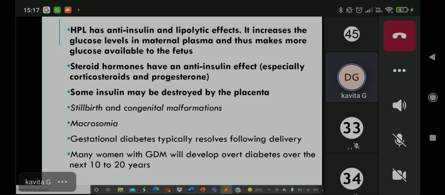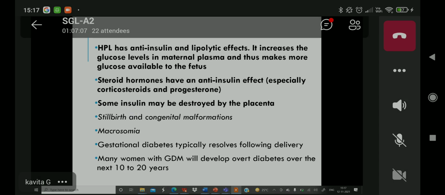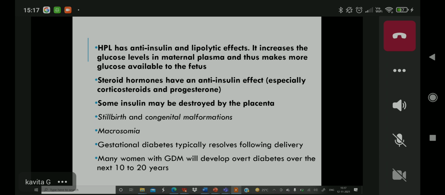The excess of steroid hormones being produced also have an anti-insulin effect. And some insulin is destroyed by the placenta. Net effect is macrosomia, large baby, stillbirth, or congenital malformations.